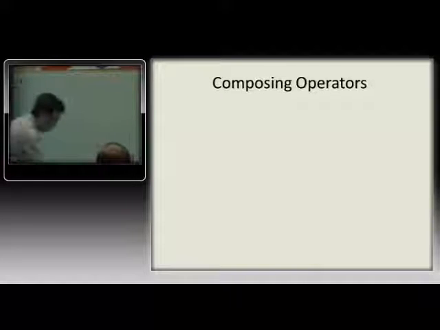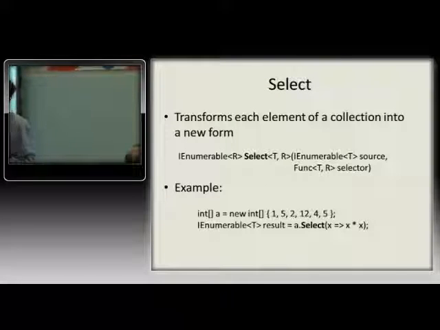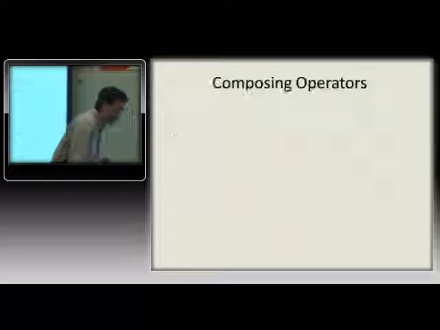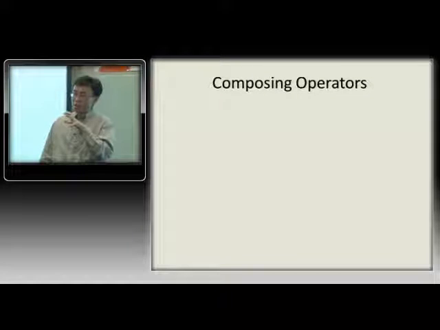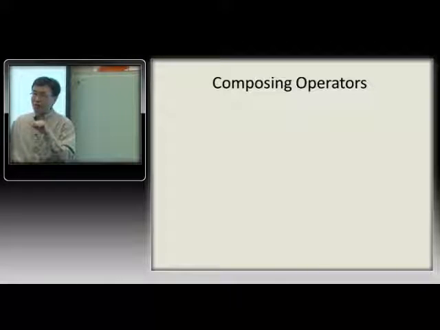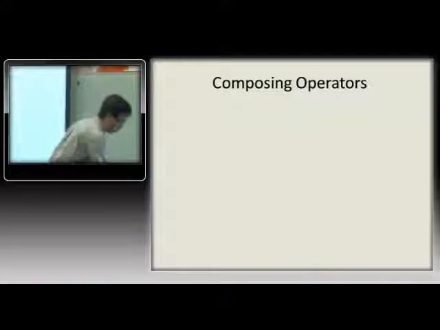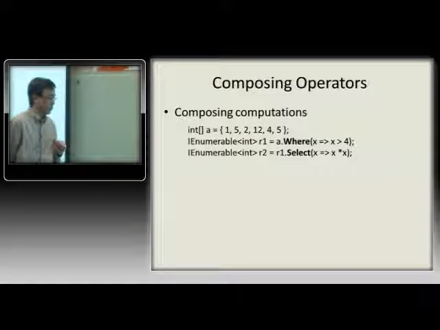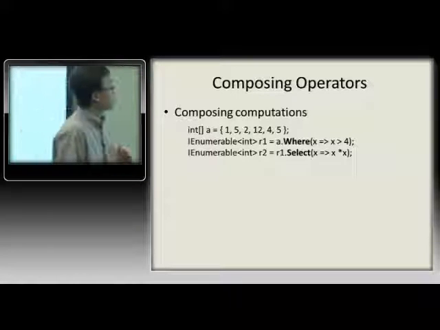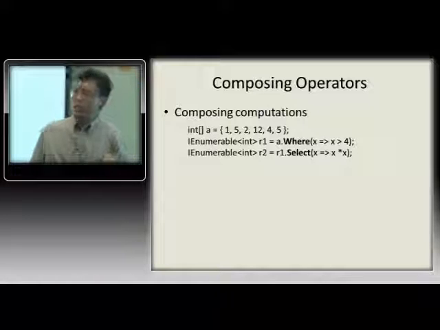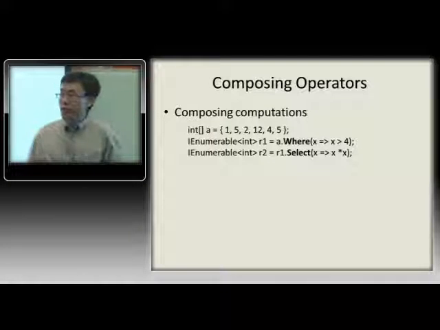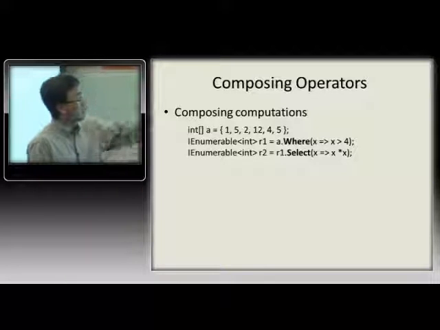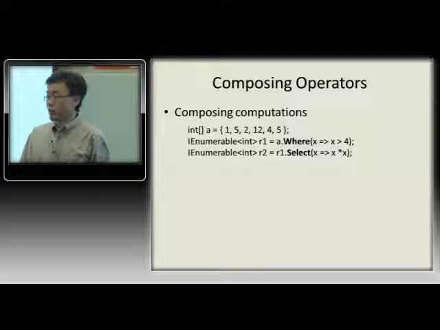So now I showed you two operators, where and select. The interesting thing, if you look at the signatures of the operators, is that they take a collection and return another collection. That means you can easily compose the operators. For instance, I have an initial collection of integers, and first I apply the where operator, and that gives us back another collection of integers.